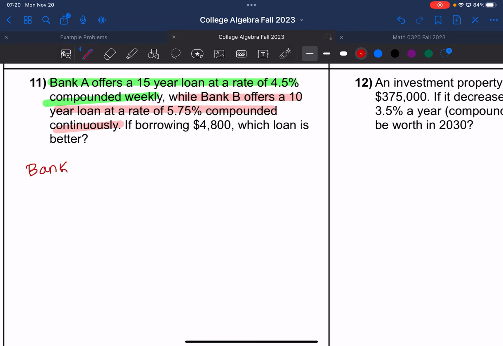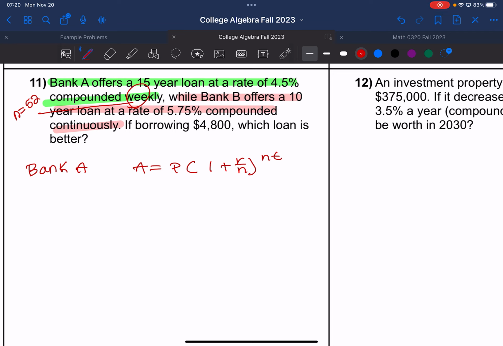Bank A says compounded weekly. So that compounded weekly tells us we're using the formula A is equal to P times 1 plus R over N to the power of NT. Compounded weekly tells us our N value is what? 52, because there's 52 weeks in a year. Okay.